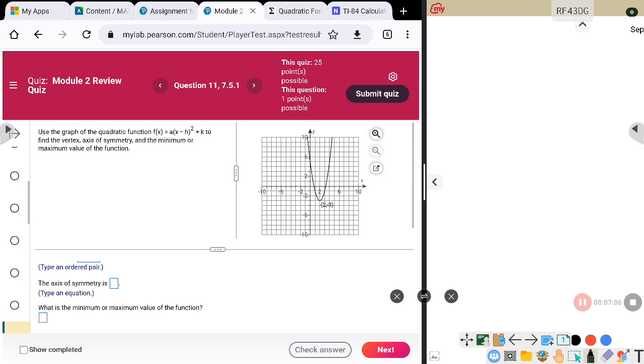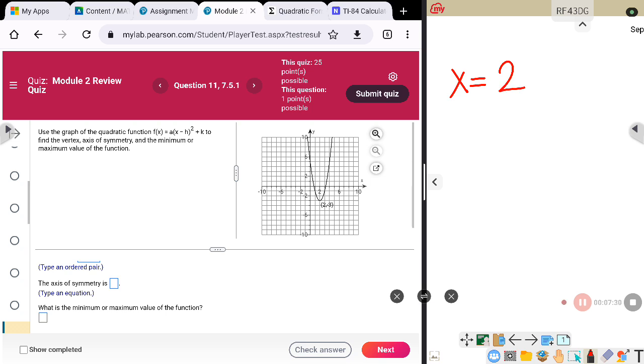Remember, the axis of symmetry is going to be a vertical line that goes straight through the vertex. And it's always going to be an equation. The equation's always going to be x equals whatever the x coordinate of the vertex was, which is 2.